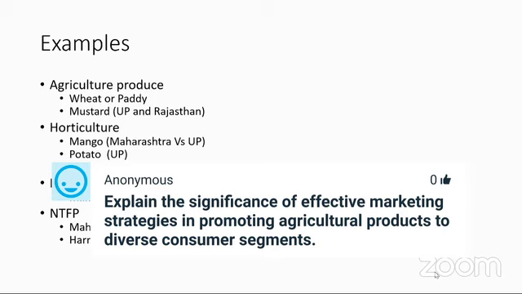For example, instead of selling it to a local trader, you can sell it to a processor. If you are dealing with mustard, you can target Saloni oil mills, or Adani, or if you are dealing with wheat, you can directly sell to the market where ITC is purchasing the produce. So that is what, nothing else.